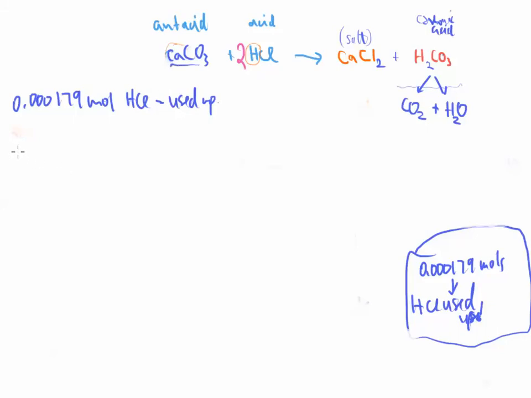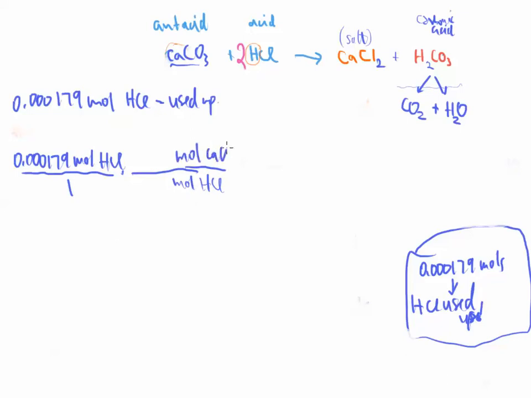So I'm going to set up a dimensional analysis problem here. 0.000179 moles of HCl over 1. Mole of HCl on top, mole of HCl on the bottom. I need to convert that over to moles of CaCO3.